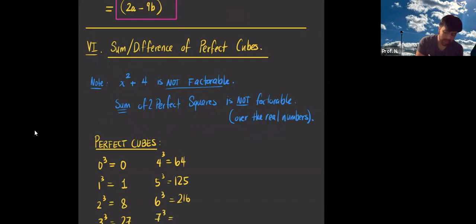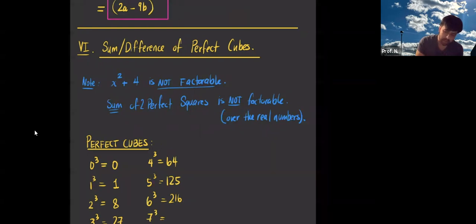5 cubed is 125. 6 cubed is 216. 7 cubed is, hold on, I'm pretty sure, yes, it is 343. That's what I thought. 8 cubed is 512. 9 cubed is 729. 10 cubed is 1,000.